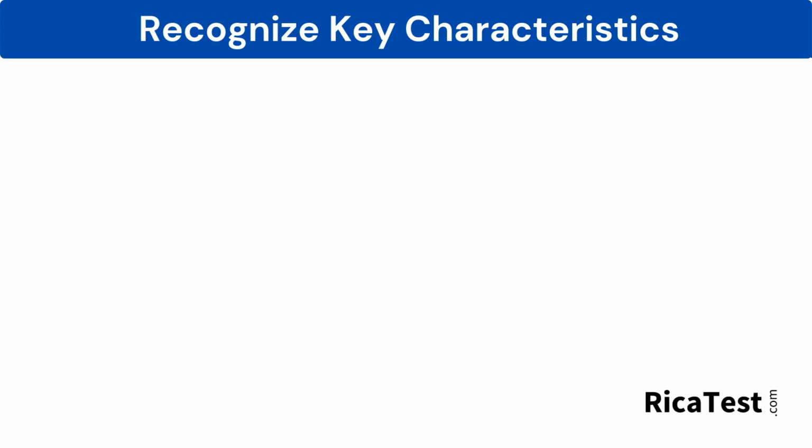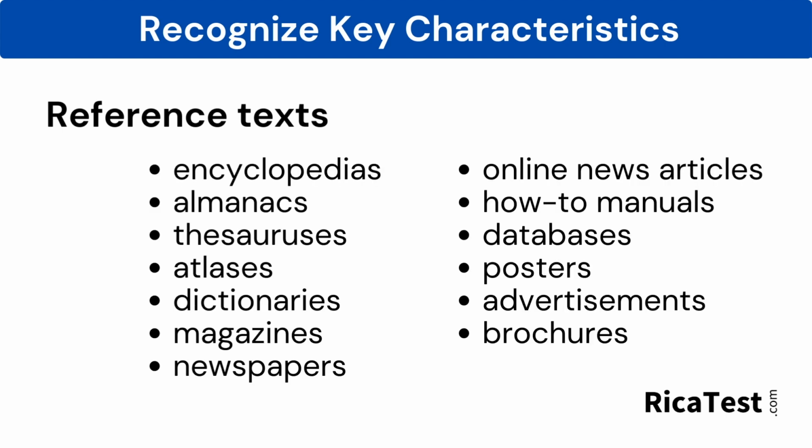There are many other types of informational textbooks and different types of resource books alongside textbooks. So, for example, some resource texts include encyclopedias, almanacs, thesauruses, atlases, dictionaries, magazines, newspapers, online news articles, how to manuals, databases, posters, advertisements, brochures, and really so many more.